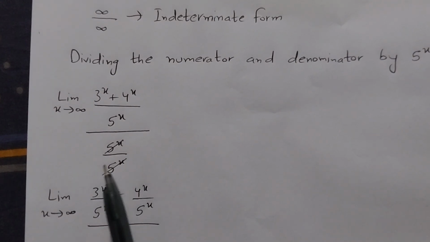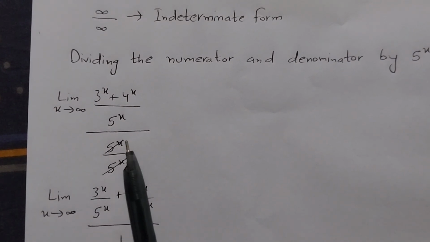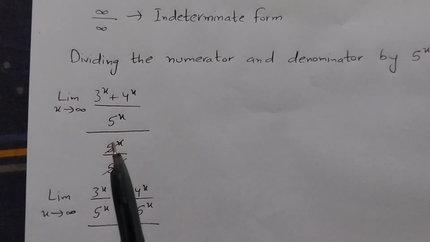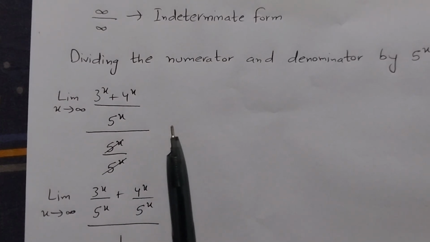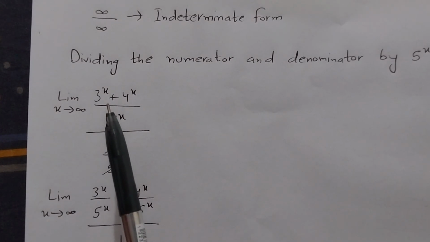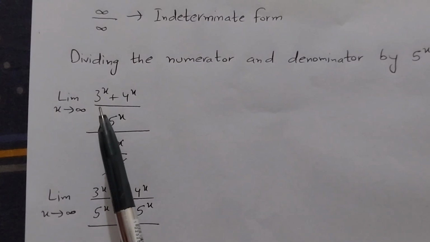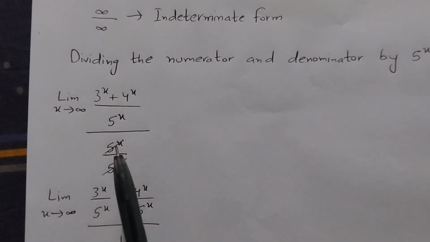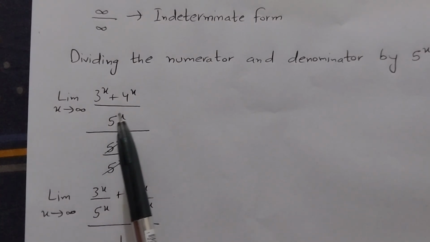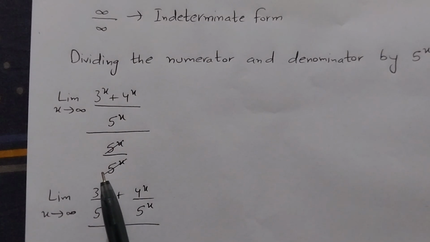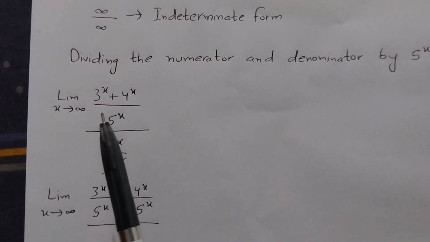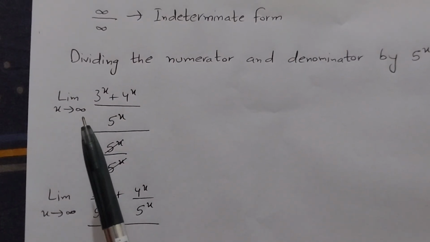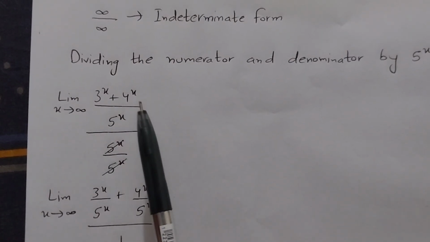So if we divide by 5 raised to power x, we get rid of the infinity in the denominator and we get 1 in the denominator. This is the advantage of dividing by 5 raised to power x in both the numerator and denominator.